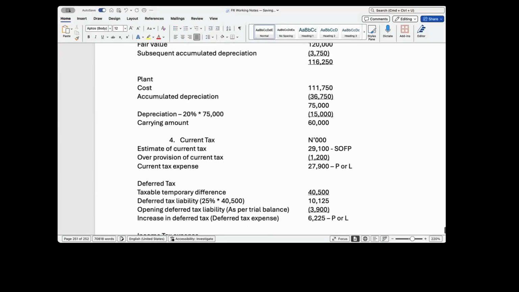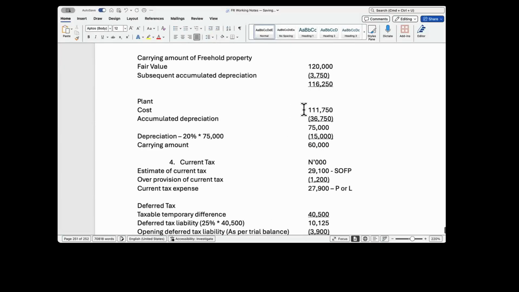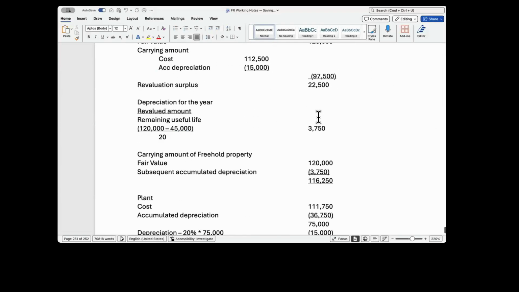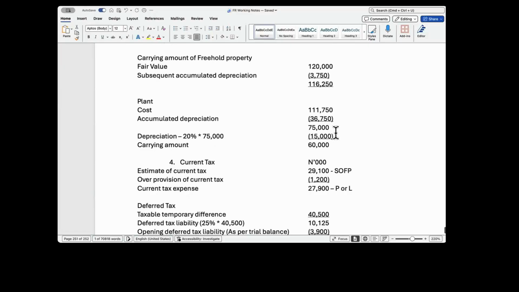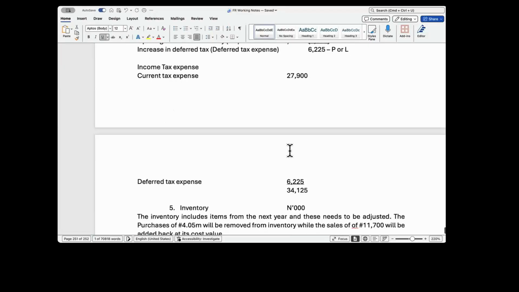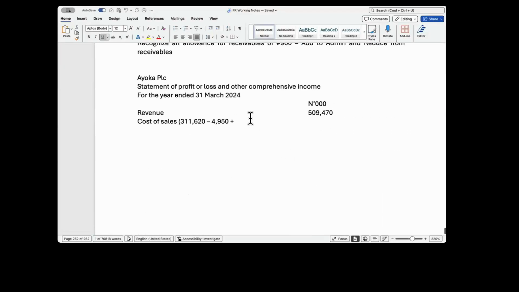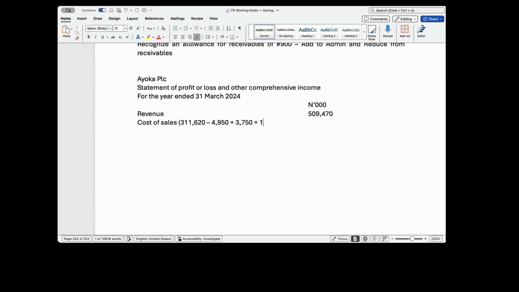Okay, thank you. So there's a depreciation of 3,750, and also there's a depreciation here of 15,000. So 3,750 plus 15,000, how much is that total?